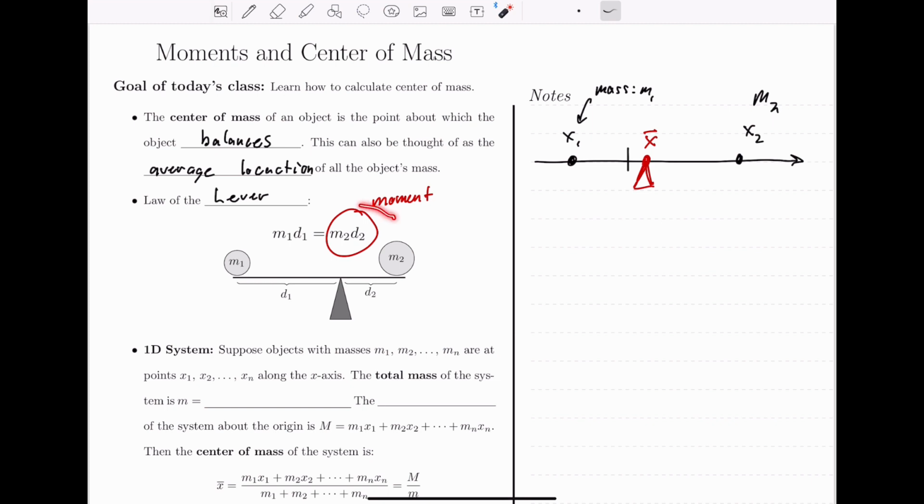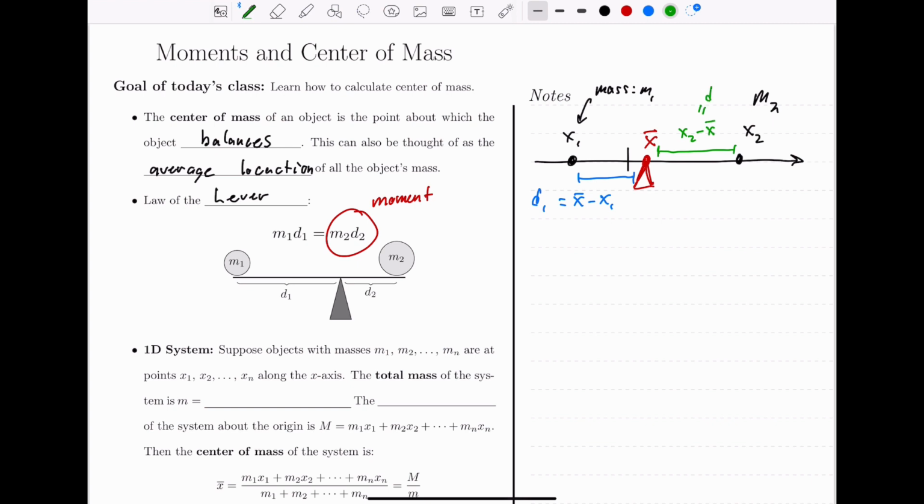Now let's express this formula from the law of the lever to find out what the value is for x bar. The distance from the first mass to x bar is right here, and that distance is x bar minus x1. So we can think of that as the distance d1. The distance from the second mass to the center of mass is x2 minus x bar.